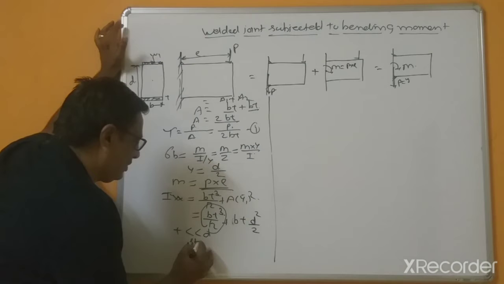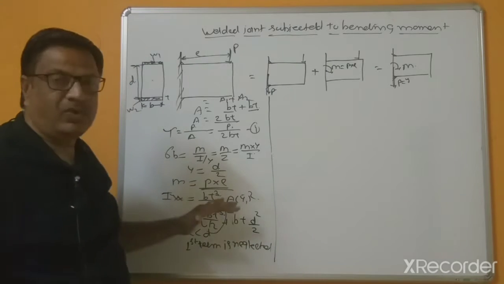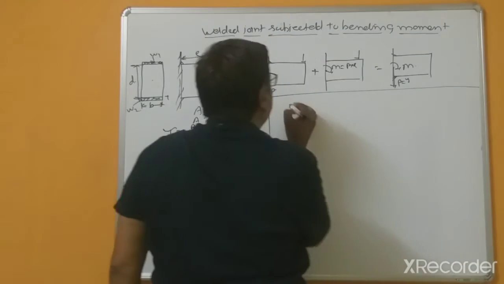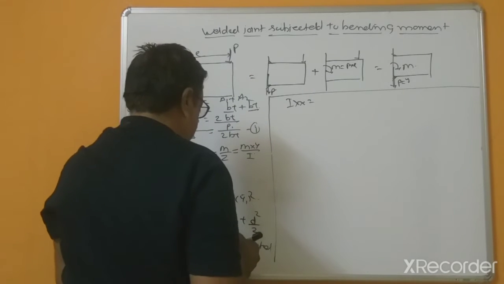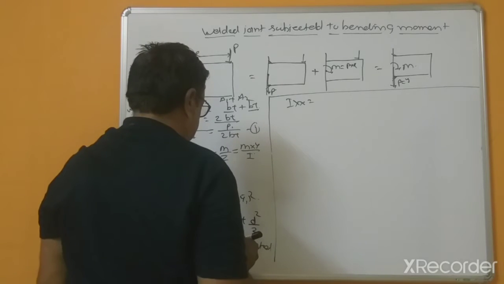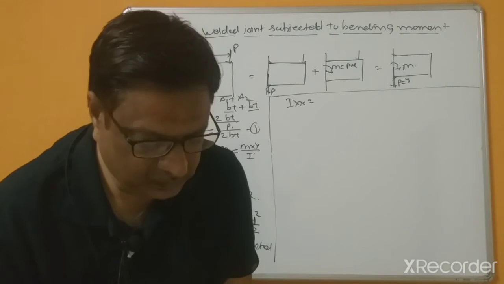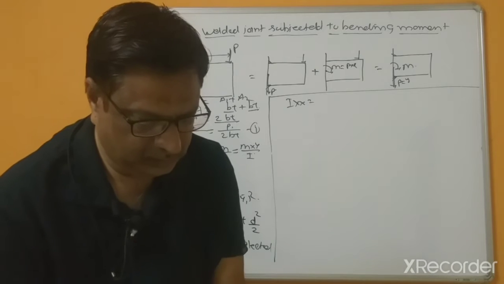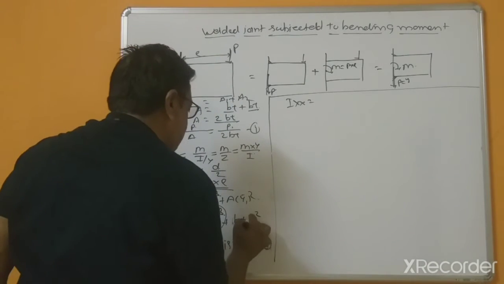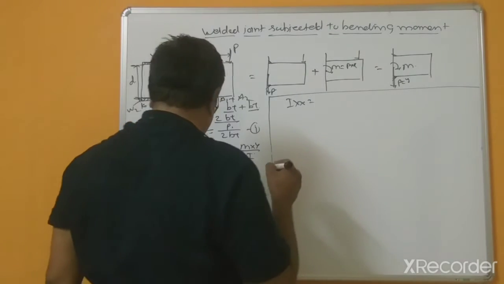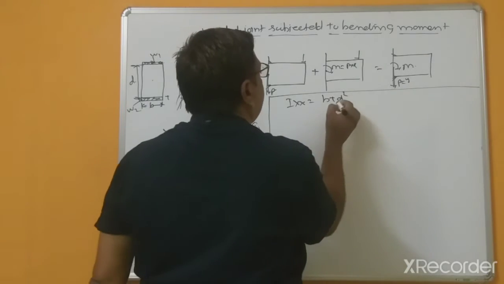In the design process, the first term is neglected as compared to the second term. So moment of inertia about x-x equals bt into d squared divided by 4.